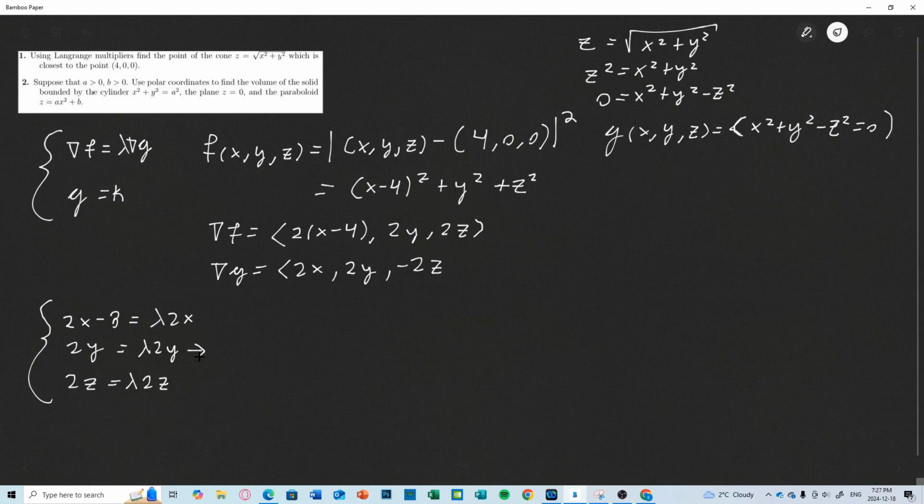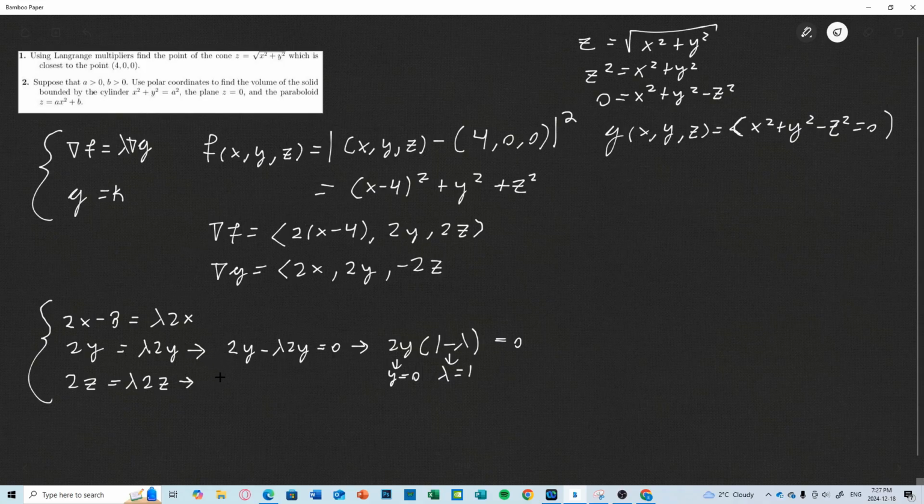The easiest one to go with is 2y equals lambda 2y, because if we bring this lambda 2y to the other side, we get 2y minus lambda 2y equals 0, which gives us 2y times (1 minus lambda) equals 0, meaning that either our lambda is equal to 1 or our y is equal to 0. And then we will do the same thing for our z equation.